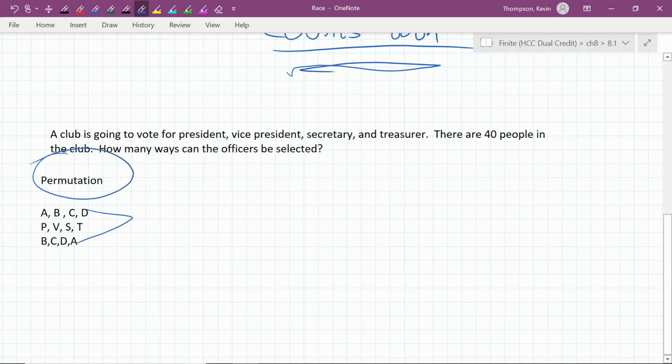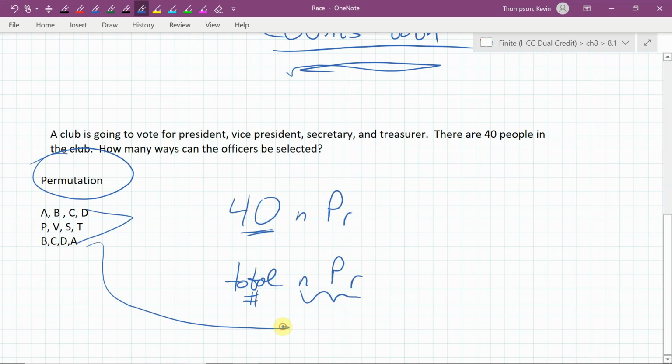So that's why it's a permutation. For us, it would be 40 nPr 4. Really what we're doing here is this is the total number of people. It's a permutation, so this decision is made by we want to count the rearrangements.